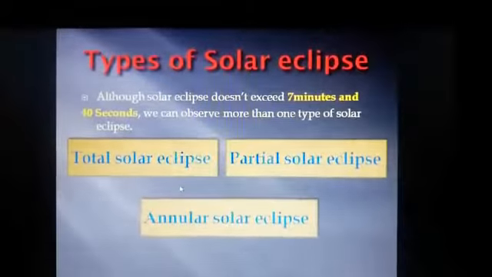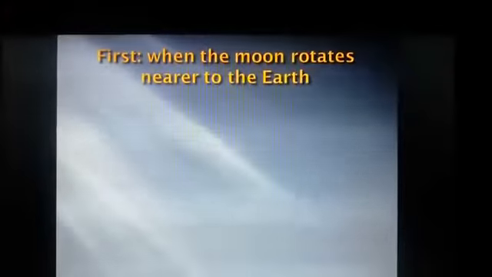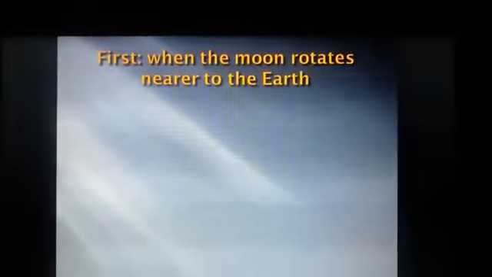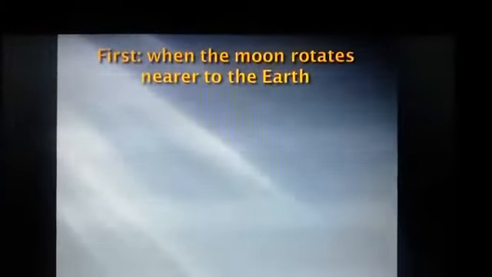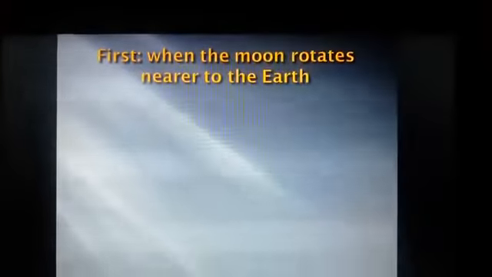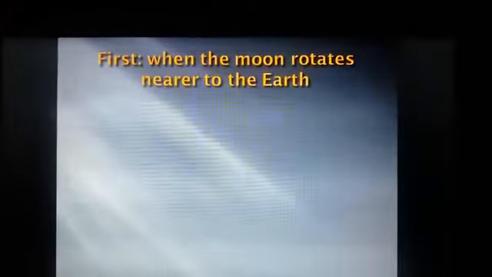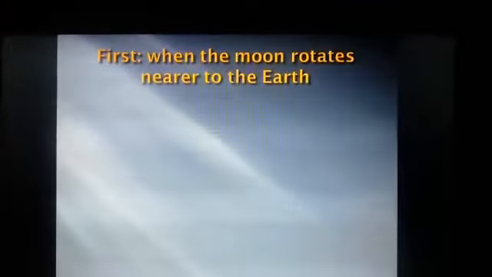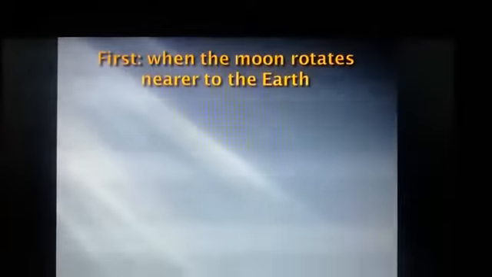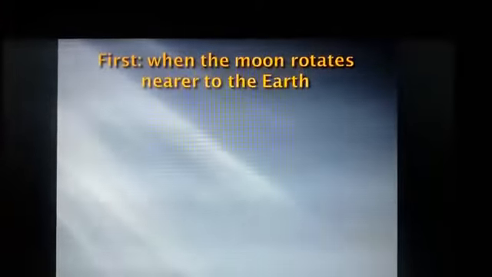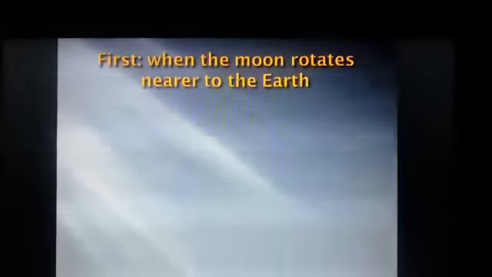Let's study these cases. The first case is when the moon rotates around the earth near to the earth. How? Moon rotates around the earth in an oval orbit. So sometimes it's near to the earth and other times it's far from the earth.